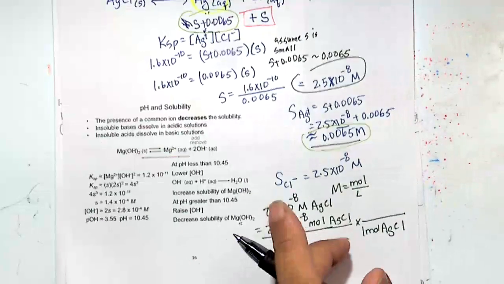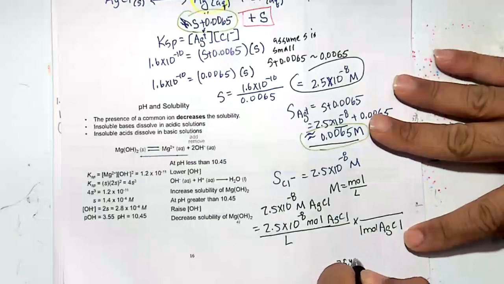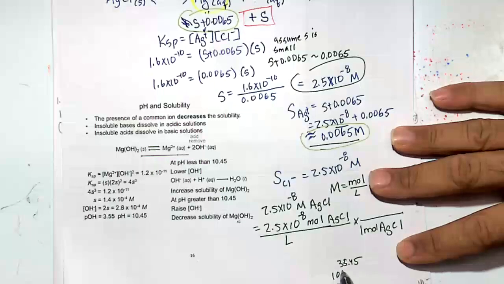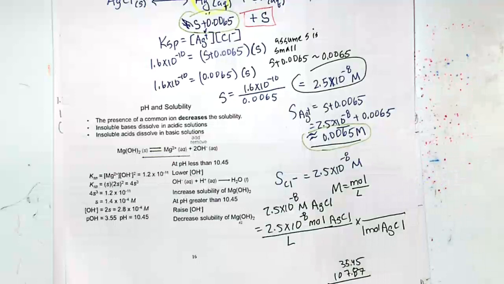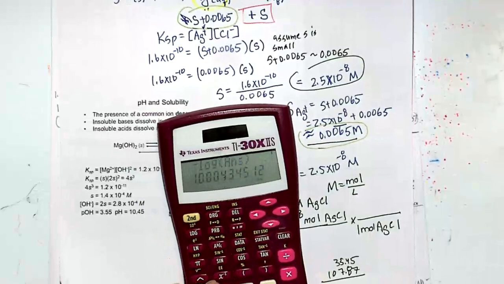And 1 mole of AgCl is how many grams? Chlorine is 35.45. Ag is about, what is Ag here? 107.87. You're right. Thank you. So if you add those two up, we'll get the molecular weight of AgCl, 143.32 grams. We just want it in grams per liter. So on the exam, I won't have you do that.